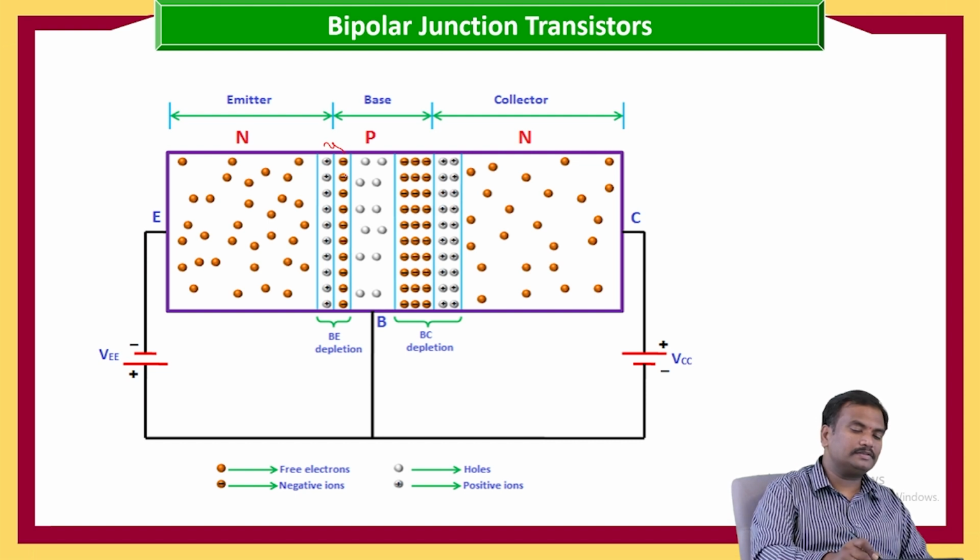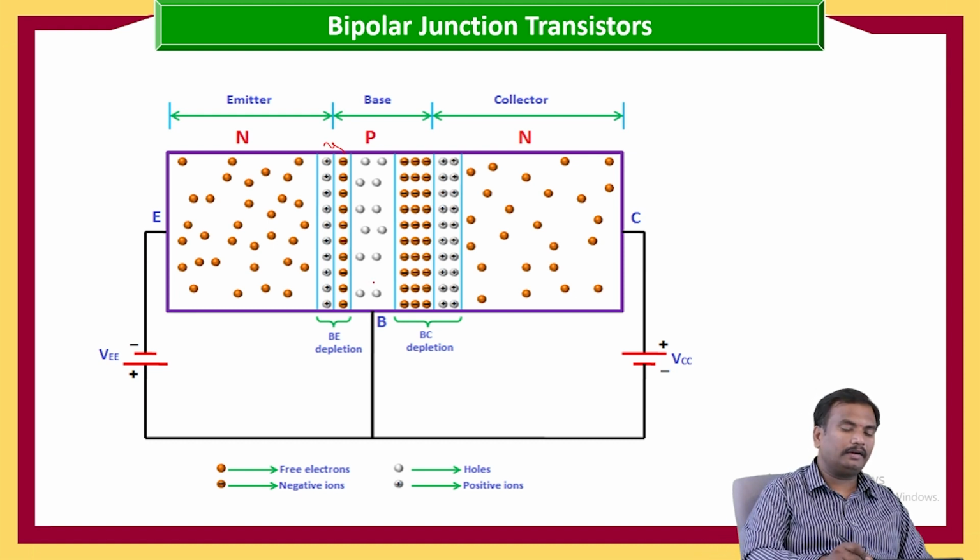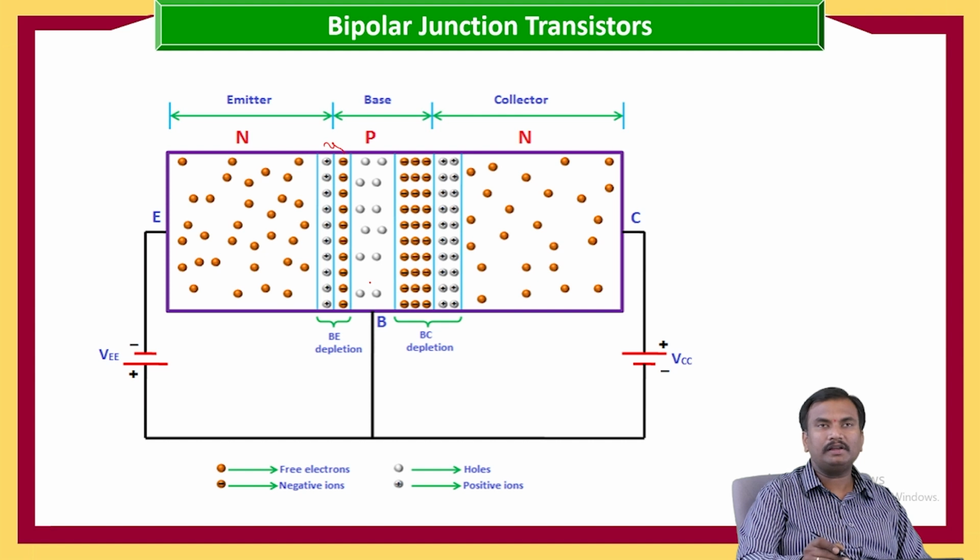These electrons form electron hole pairs in the base layer. Once the electron hole pairs are created, those electrons move towards the collector.